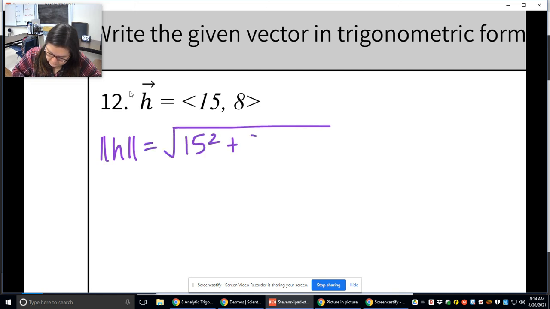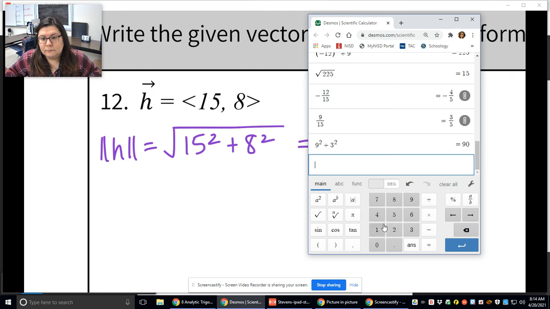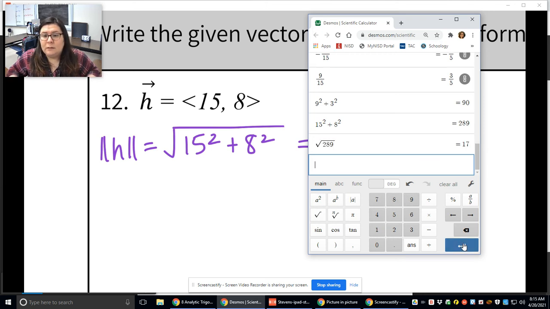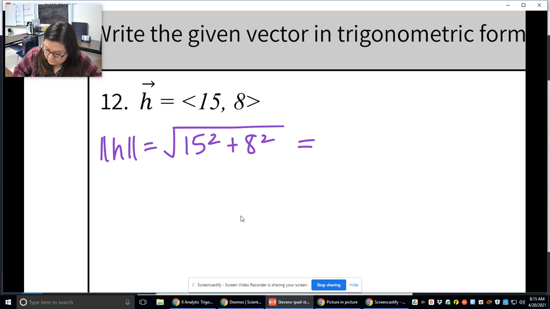The square root of 15 squared plus 8 squared. So let's put this in the calculator so we can see what we get. I'm not sure if that's a perfect square. Let's see. Oh, it is 17. So we got lucky. Magnitude is 17.